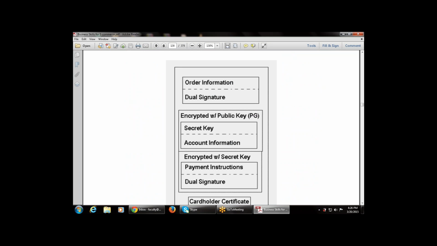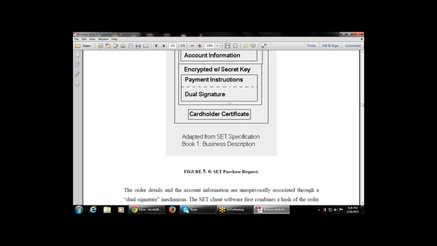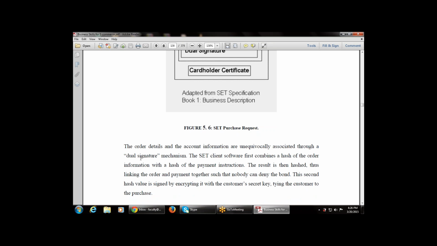Then there is a secret key used to communicate between the buyer and the seller. Then account information, then payment instructions, dual signature, then the cardholder certificate. So these are the various SET purchase requests handled by Secure Electronic Transaction.